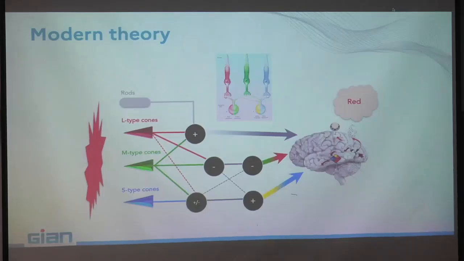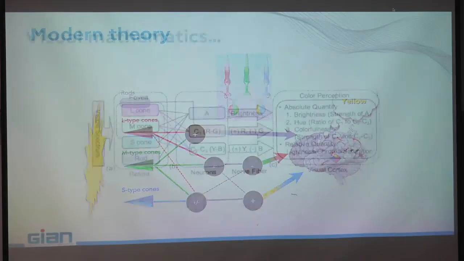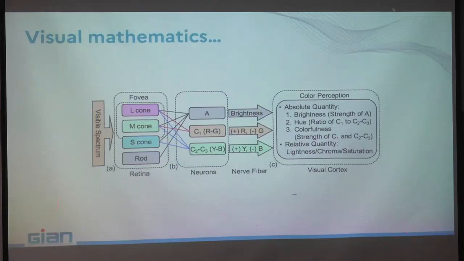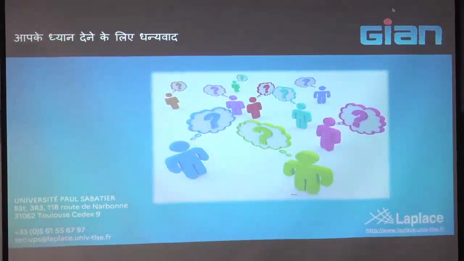This is a mix between the two theories. Today we are able to write that in mathematics, and we can really reproduce the working of our brain. Okay, questions?